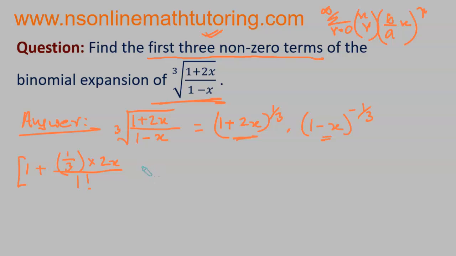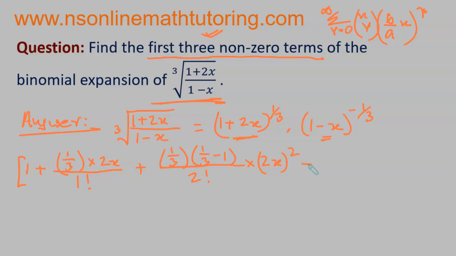Okay, and third term, it is 2 factorial. Now we will be having 2 factors. The starting one is n, 1/3, and next one will be n minus 1, that is 1/3 minus 1, times 2x raised to the power of 2.